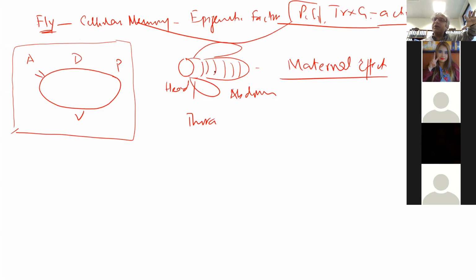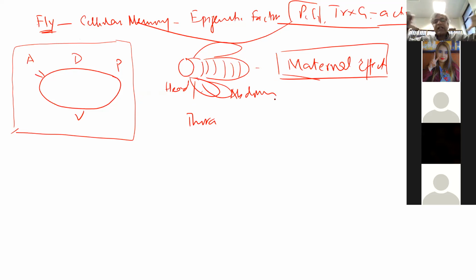If the mother was mutant, and the father was normal, it means the F1 heterozygous will be normal. No, because the mother was mutant, they saw death. They saw strange phenotypes, completely abnormal flies. They named them maternal effect genes.